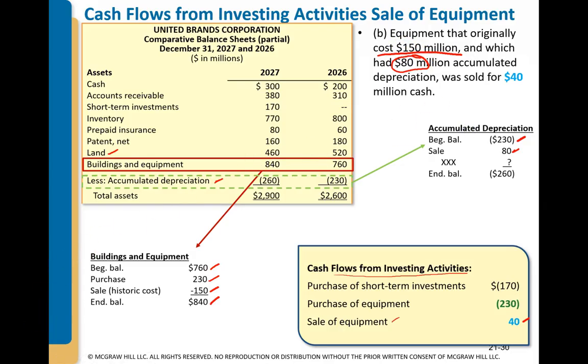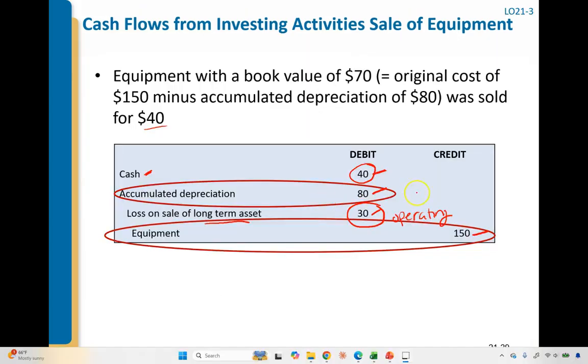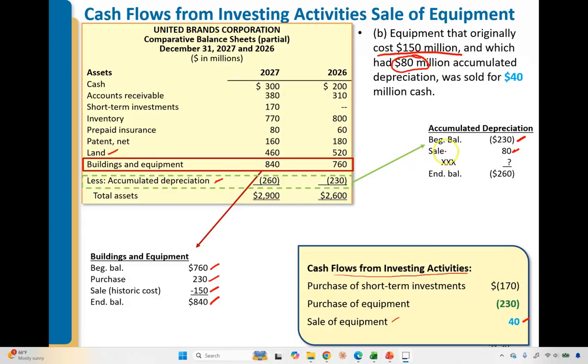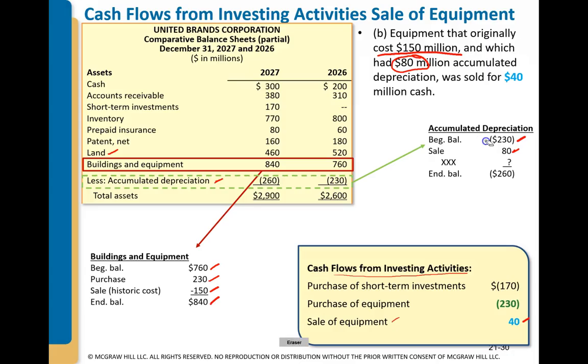If we go back to our previous slide, we can see that in this journal entry, we had a debit of accumulated depreciation of $80. The debit would reduce the accumulated depreciation. So here, when we do our accumulated depreciation roll forward, we started with a credit of $230, and then we had a debit of $80, and our ending balance is a credit of $260, right?